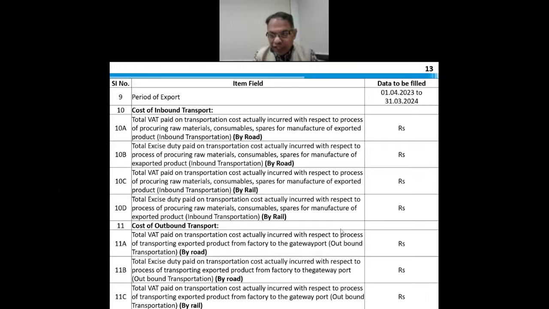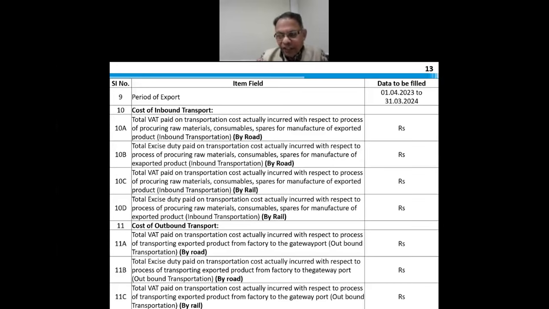So you calculate the distance, because distance is something you can calculate. It is not a problem. So I am bringing 20 metric tons of imported cargo from the port to my factory. Distance is say 120 kilometers.